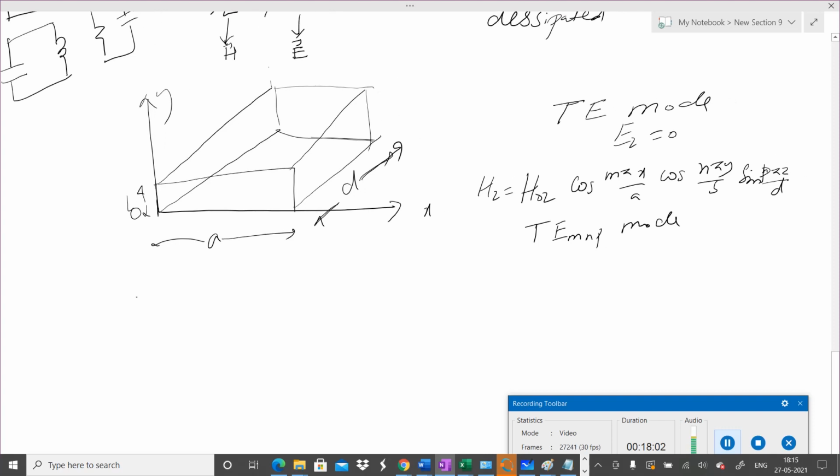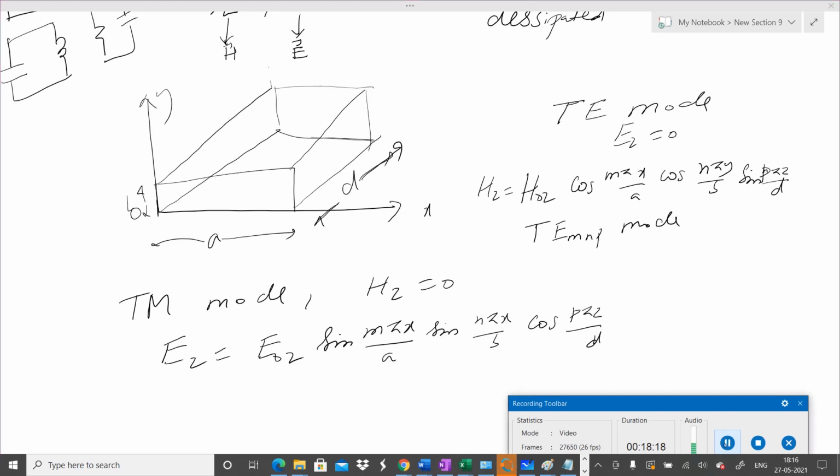Similarly, if you have TM mode, I recall that TM mode means there is no component of magnetic field along the direction of propagation, so Hz is equal to 0. So Ez will be E naught, where m and n can take values 1, 2, and so on, and p can also take 0, 1, 2, and so on.